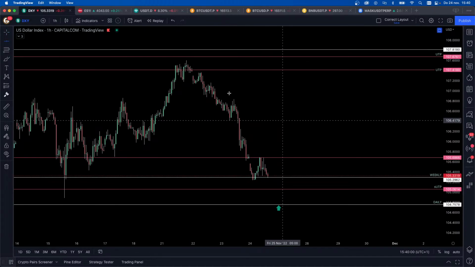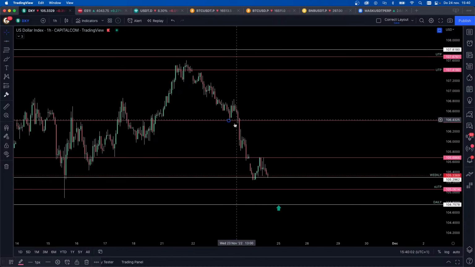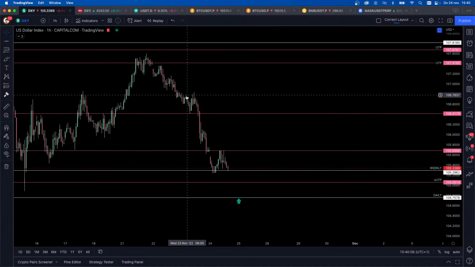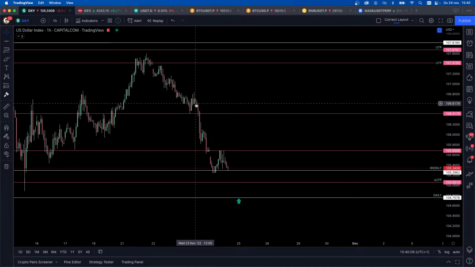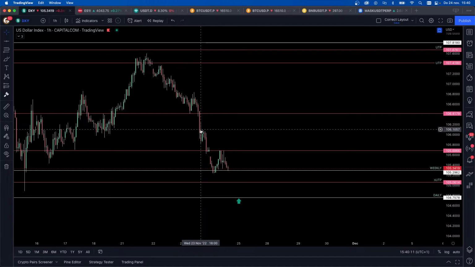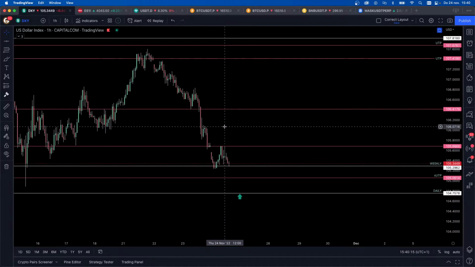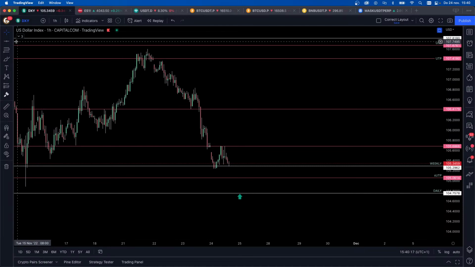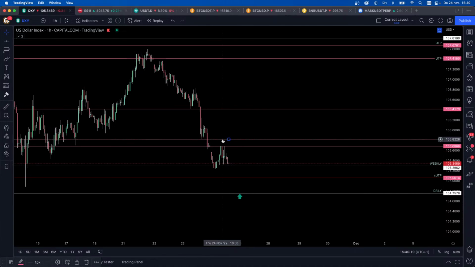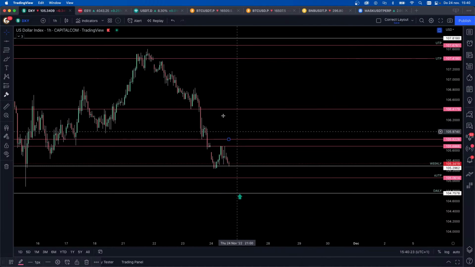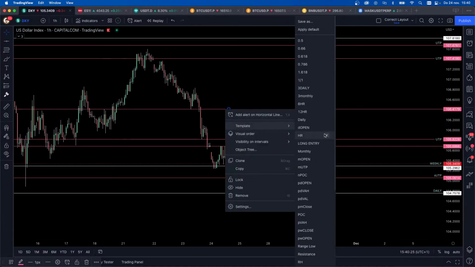You have to know that every untapped price region has to be tapped again. So if you have consolidation, it breaks down, then price should go back into it to continue going lower. If it doesn't do that, you can add these levels as UTP levels or untapped price regions.